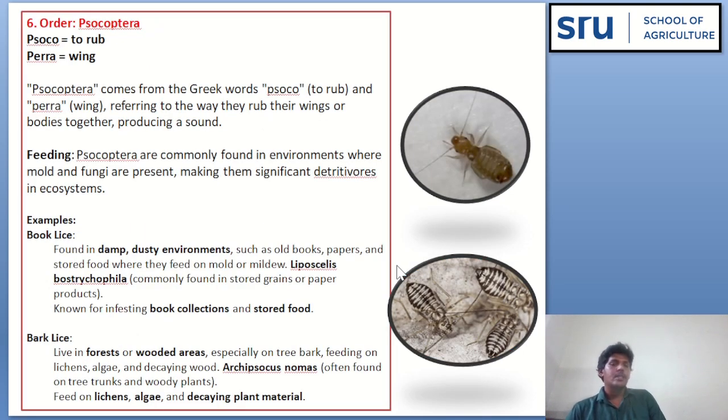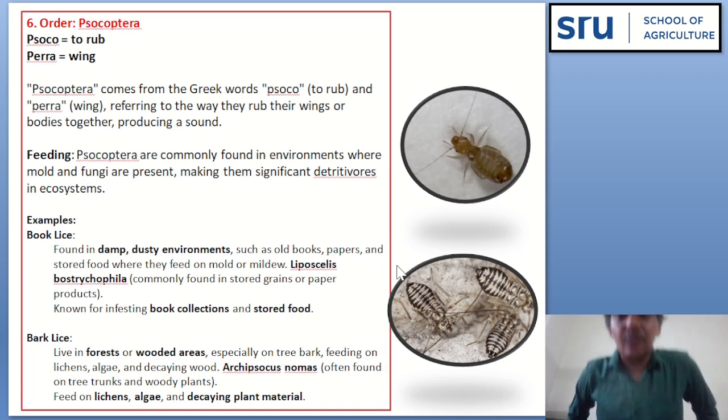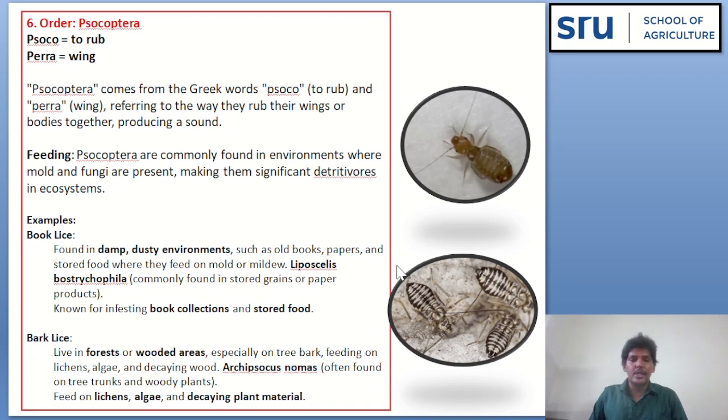Next order is the Psocoptera. Psoco means to rub, ptera means wing. Psocoptera comes from the Greek words psoco and ptera, referring to the way they rub their wings or bodies together for producing sound.